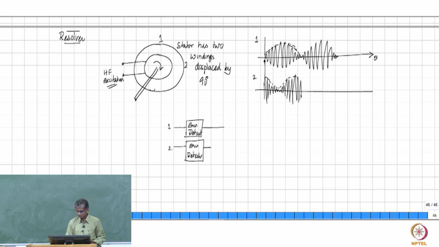This will then give as an output a sinusoidal waveform. This will give a cosinusoidal waveform.